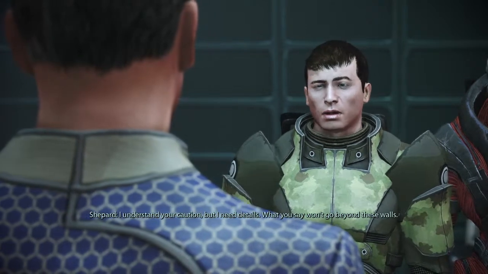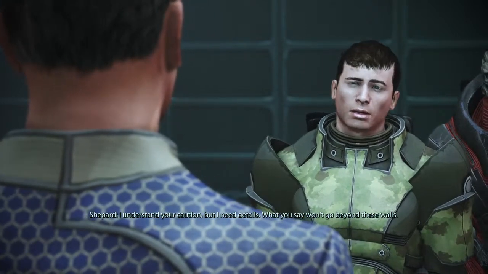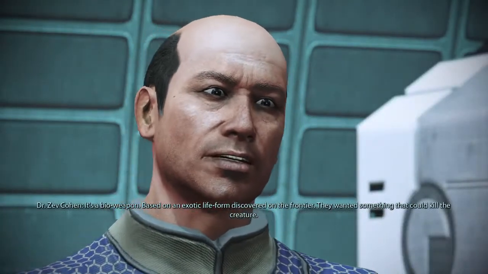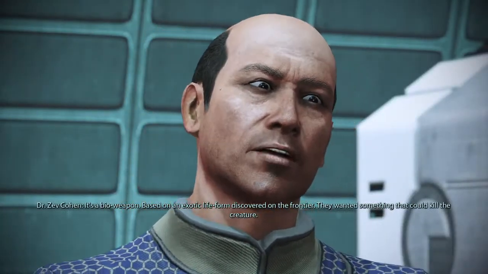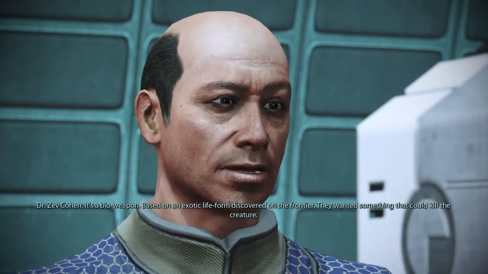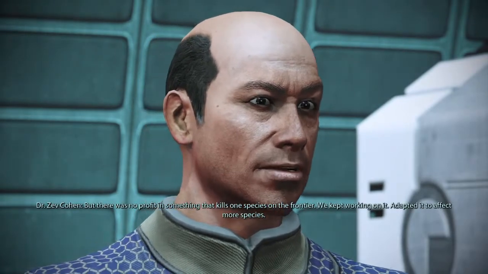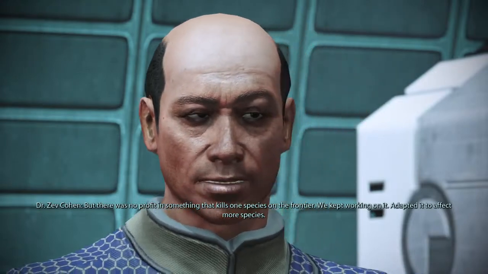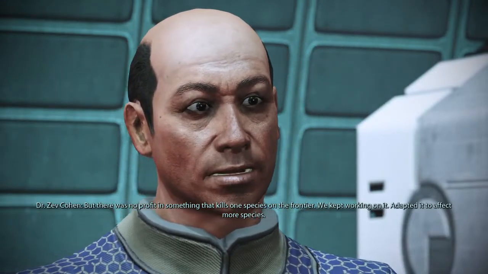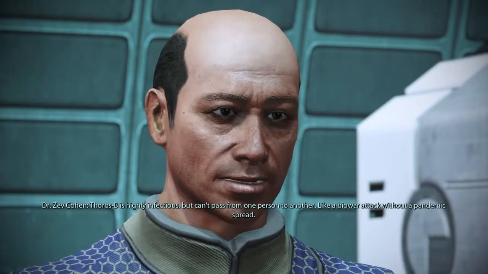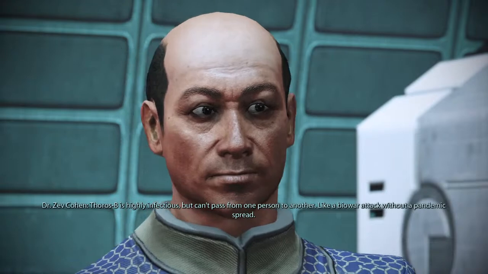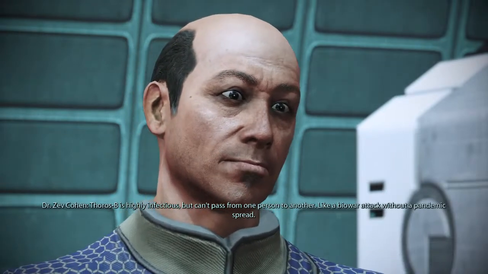I understand your caution, but I need details. What you say won't go beyond these walls. It's a bioweapon, based on an exotic life form discovered on the frontier. They wanted something that could kill the creature. But there was no profit in something that kills one species on the frontier. We kept working on it and adapted it to affect more species. Thoros B is highly infectious, but can't pass from one person to another, like a biowar attack without a pandemic spread.